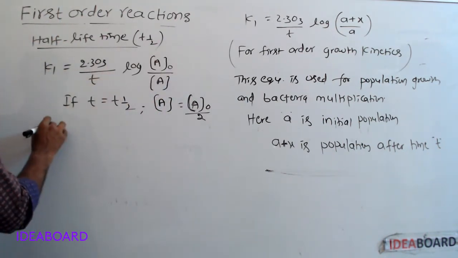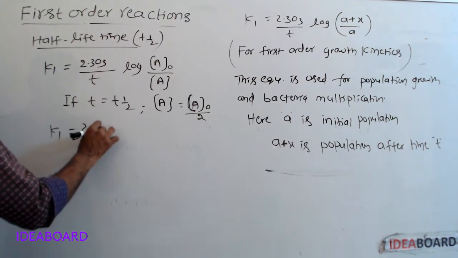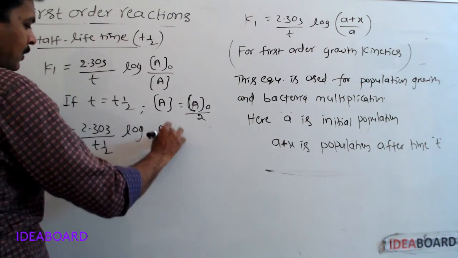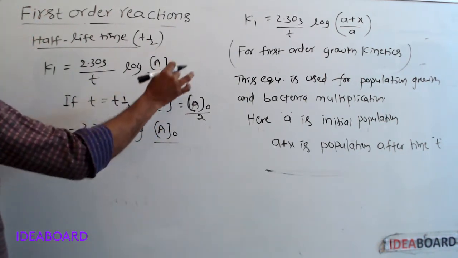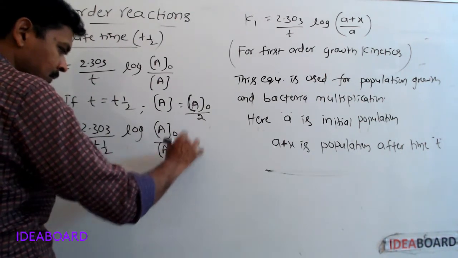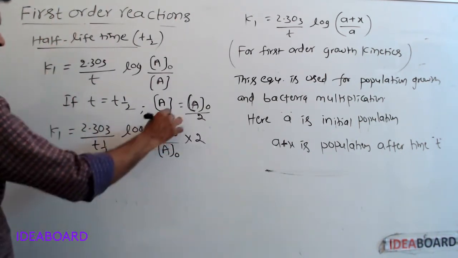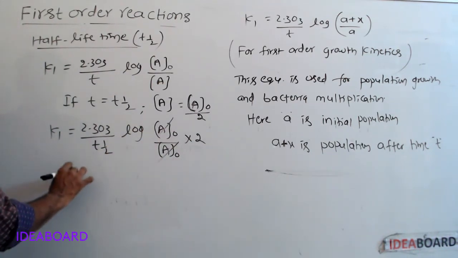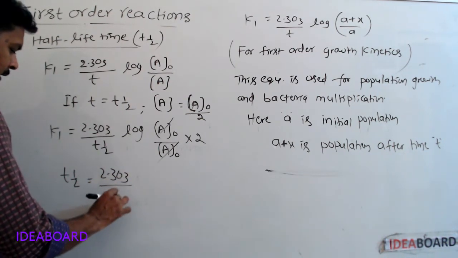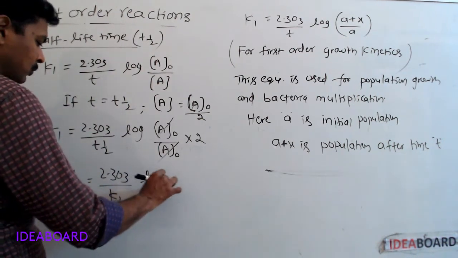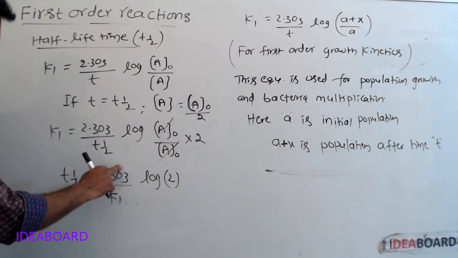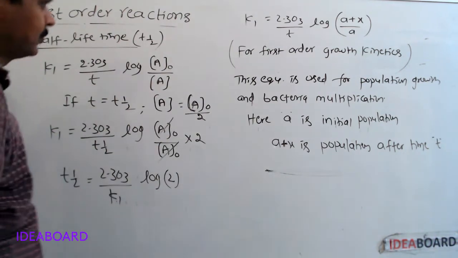Then from this equation, K1 is equal to 2.303 by T half log of A naught by A naught by 2. The 2 will get cancelled. Then T half is equal to 2.303 by K1 log 2.